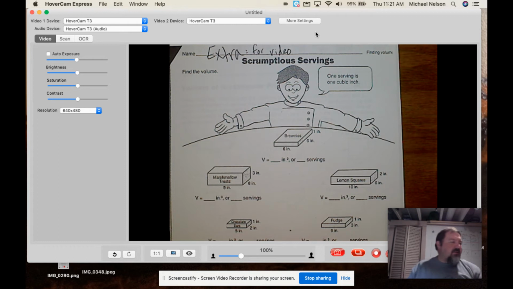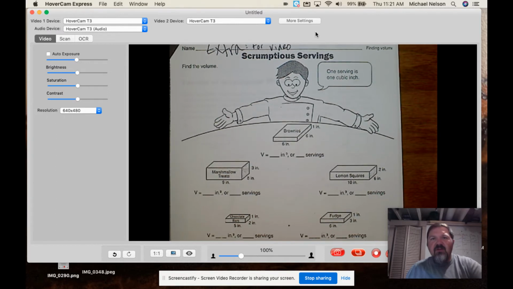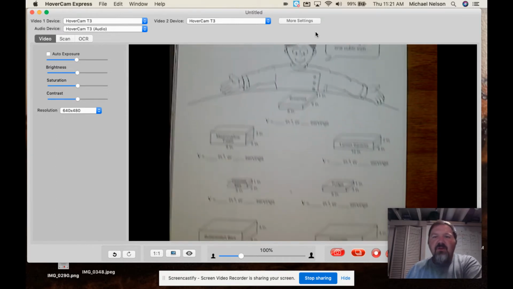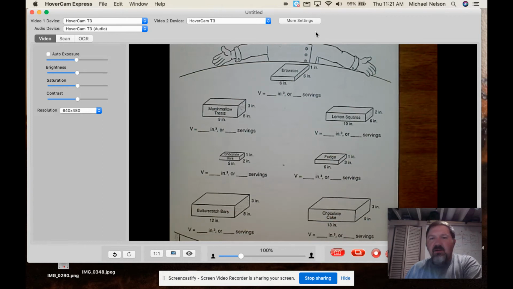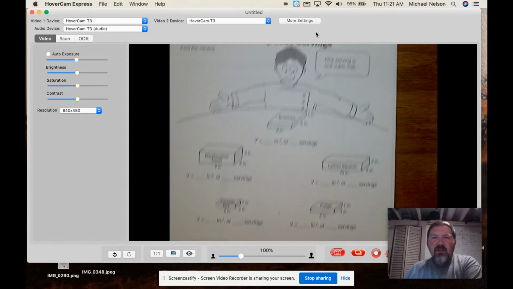All right, on to the paper for today. This is one that's in your packet that's just an extra. It's the one that I wanted to use to demonstrate for you on volume. I like this one.